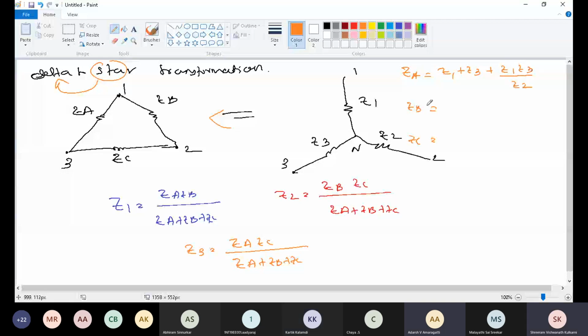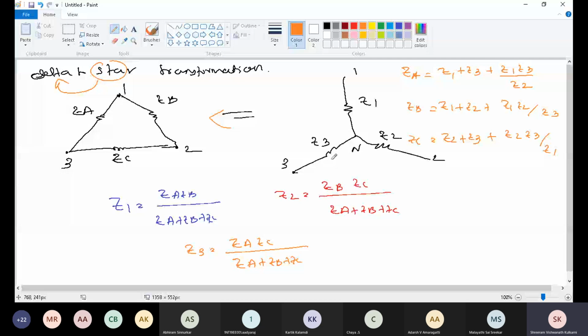Okay, next, ZB equals Z1 plus Z2 plus Z1 Z2 by Z3. Next, ZC equals Z2 plus Z3 plus Z2 Z3 by Z1. Okay, these are the formulas for delta to star and star to delta.